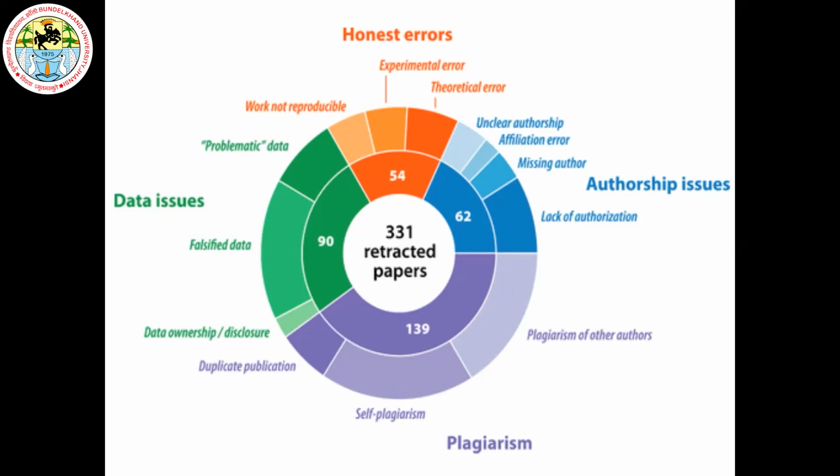Sometimes we consider that this might have happened unintentionally, and that may be a kind of honest error. But if it is intentional, then it is certainly grave misconduct. So just to show that plagiarism is the major one, followed by data issues, then authorship issues, and errors in the data.